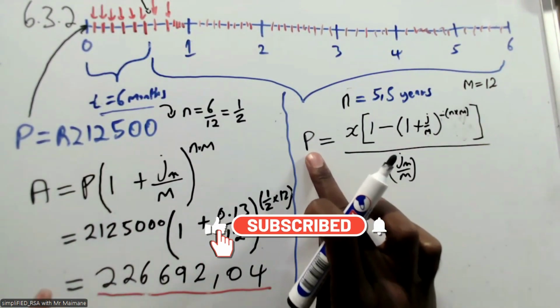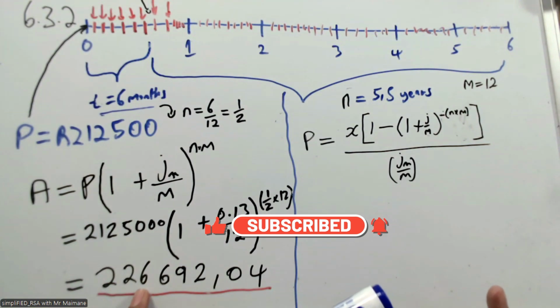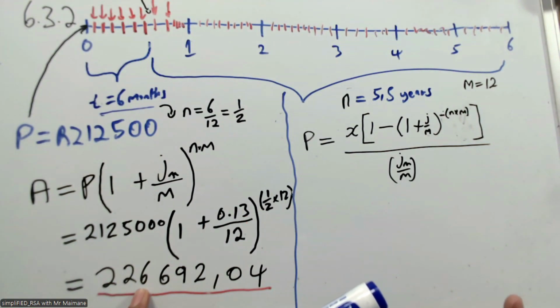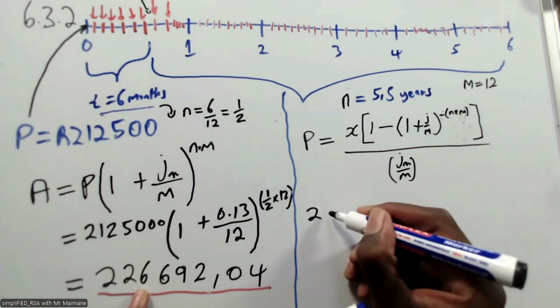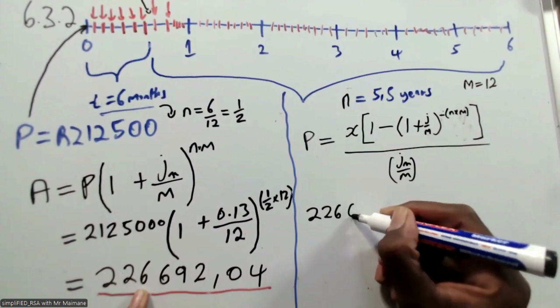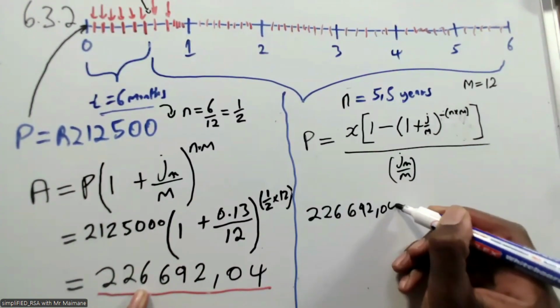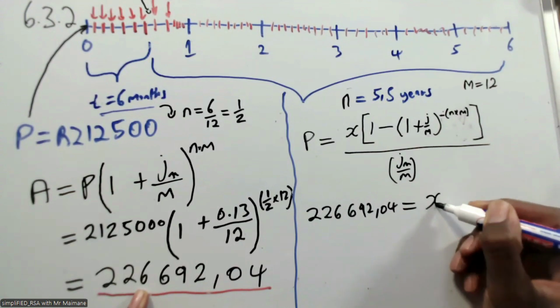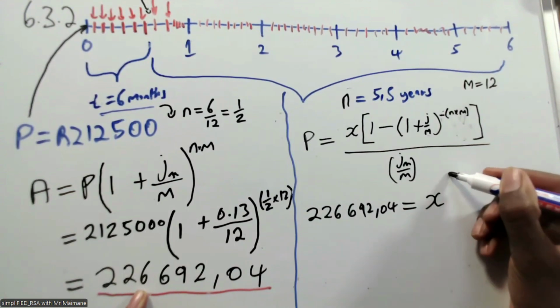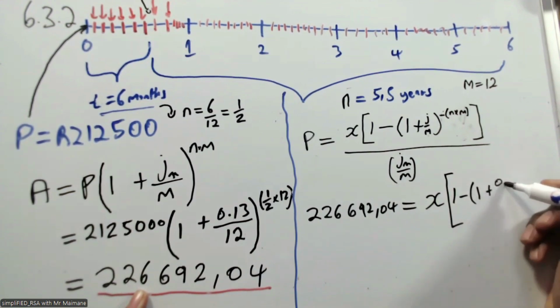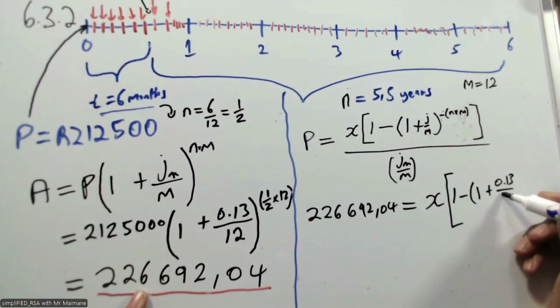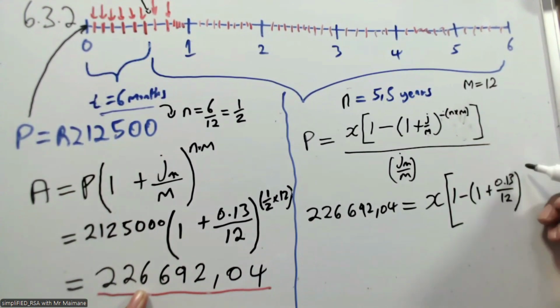We know the present value. The present value is the amount that has accumulated after interest for the period of 6 months, which is going to be 226,692.04. This is equal to X, which is the payments that we have to calculate, into 1 minus 1 plus 0.13 divided by 12, because it's compounded monthly, multiplied by negative 5.5 times 12.